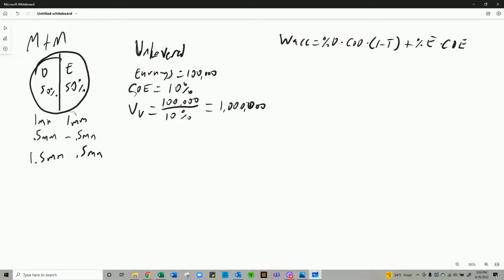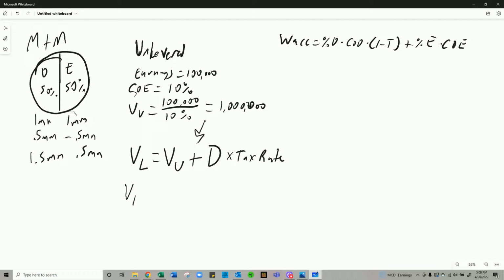So what we need is the second part of the proposition. Value of the levered firm is the value of the unlevered firm plus the amount of debt that you took out times the tax rate. So let's do this. Let's use our example and bring it down here.